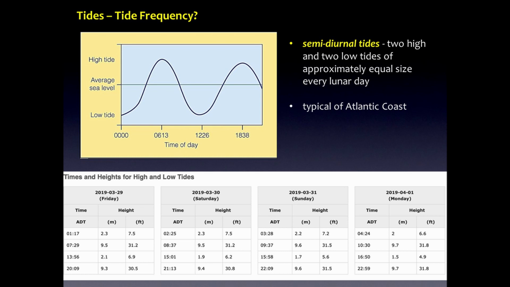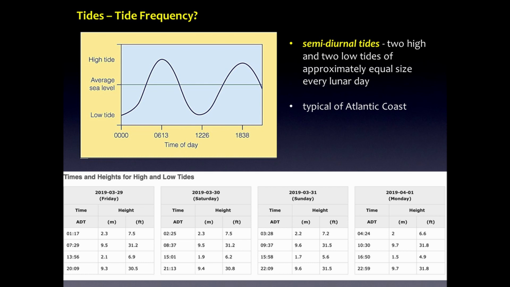So if you look, for example, at low tide at 1:17 a.m. on the 29th, we go one day over to Saturday, and we see that low tide is at 2:25 in the morning. So it typically offsets, as I said once again, by about an hour and 15 minutes every day.